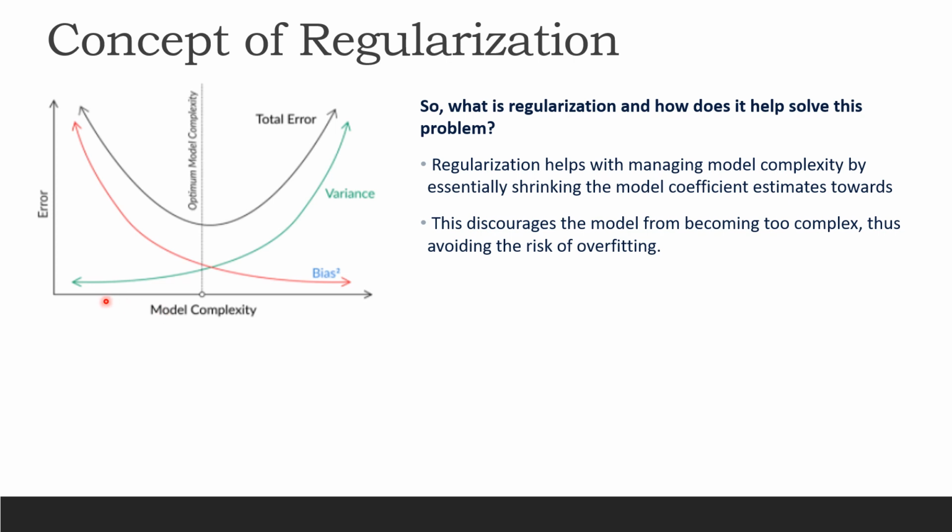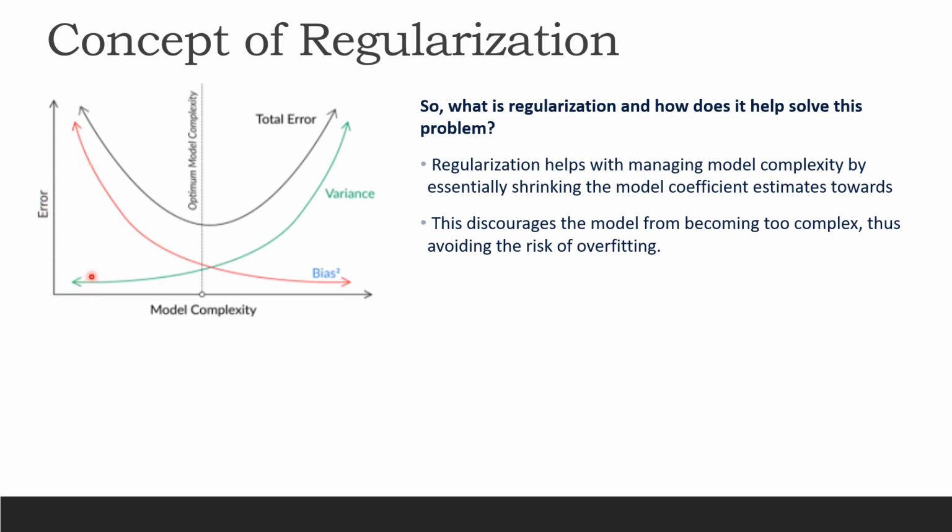If the model is very less complex, if we have not taken into account the optimum number of features, then the bias will be high, which means that the model is underfitting. It is not taking into account the features.